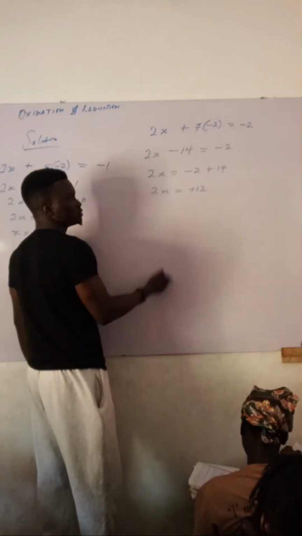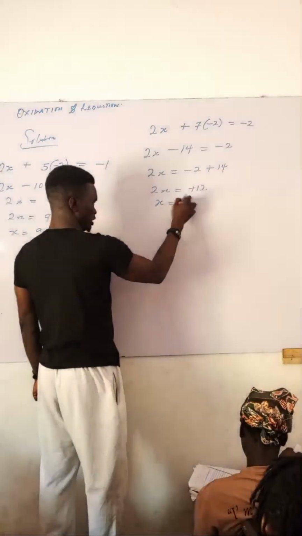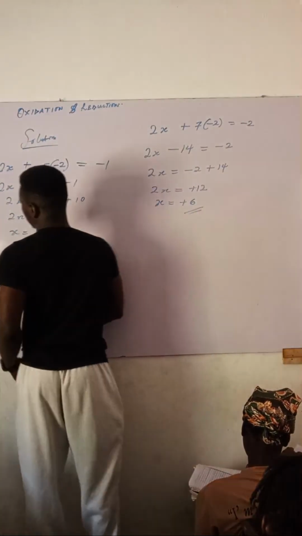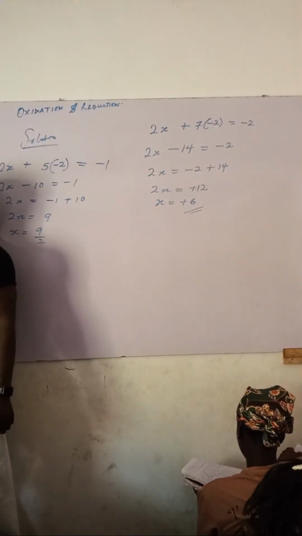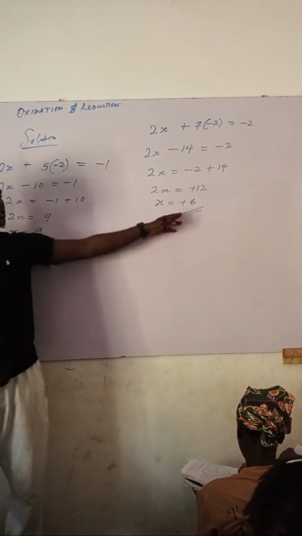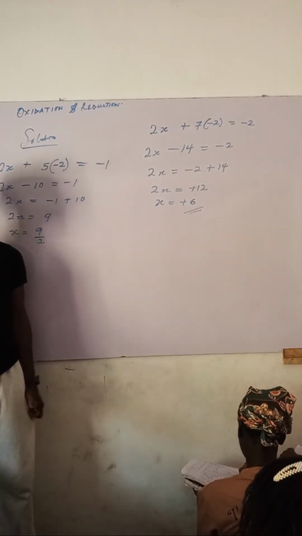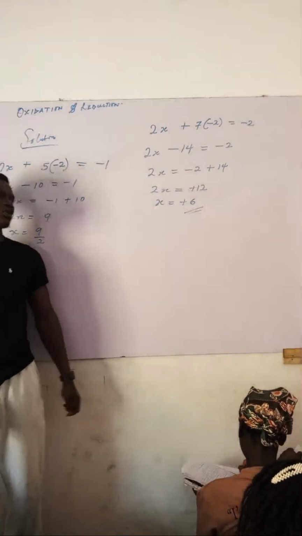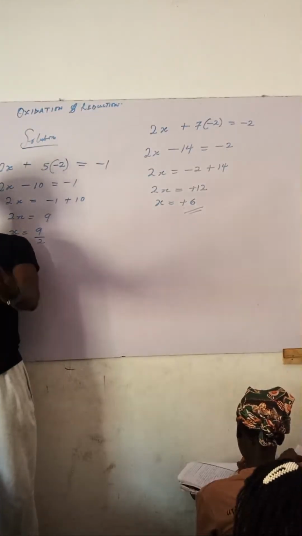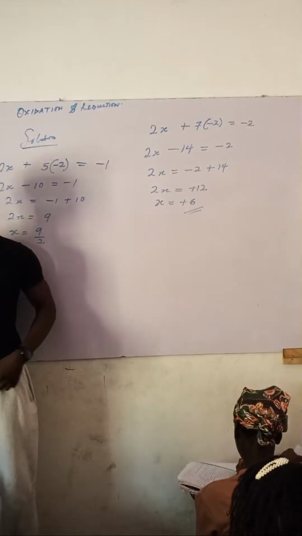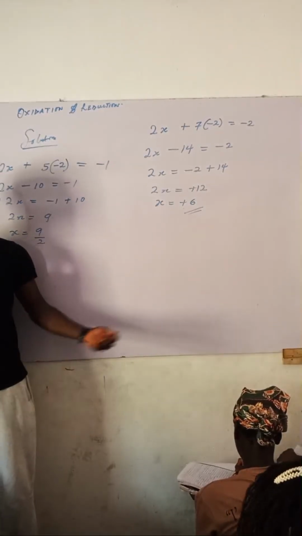Is that taking? X is going to be 6. So that's going to be the dichromate, chromium 6 ion. We put ion because it's an ionic compound. It's still dichromate.